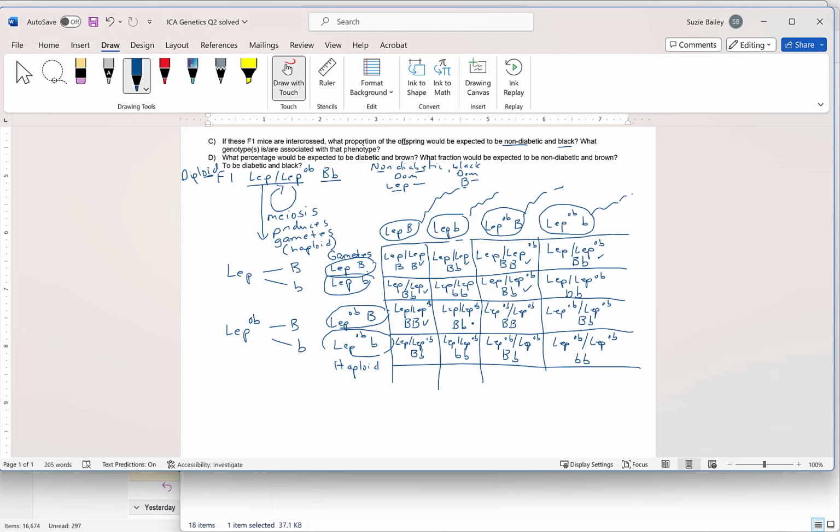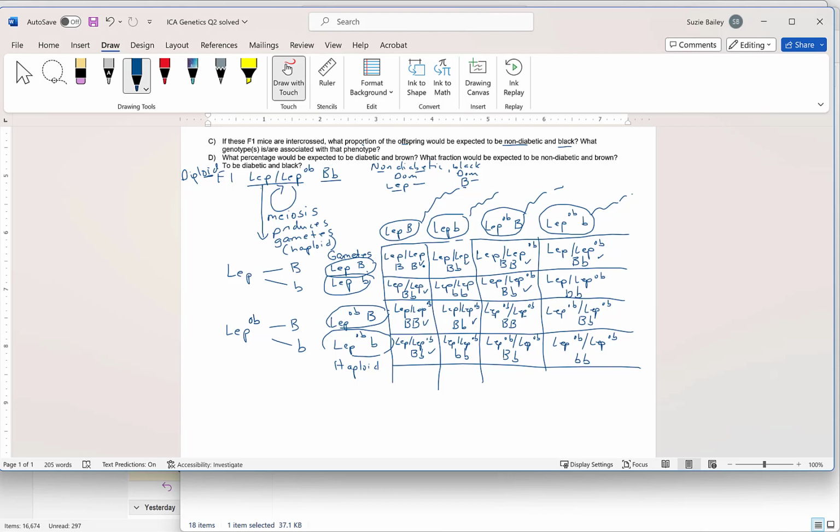Here's one. Here's one. This doesn't count because it doesn't have at least one dominant allele at the leptin gene. Likewise here, that doesn't count. Here's one. This doesn't count because it doesn't have a dominant B. This doesn't count because it doesn't have a dominant leptin allele.